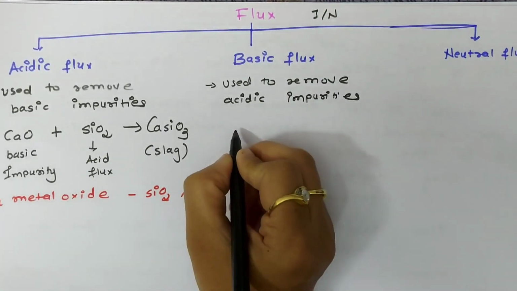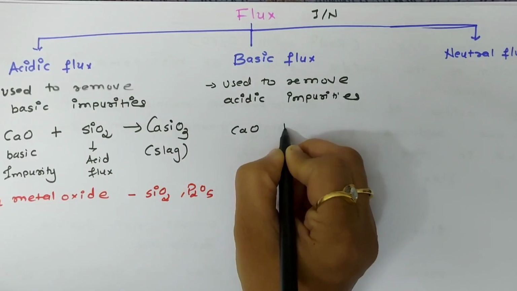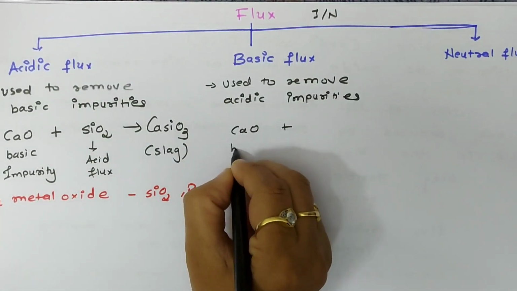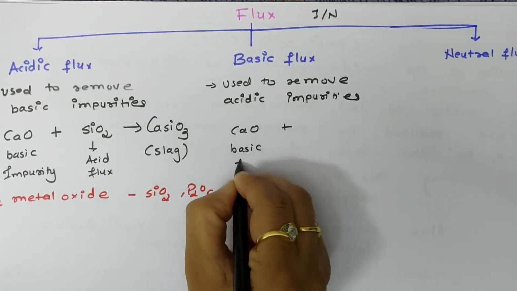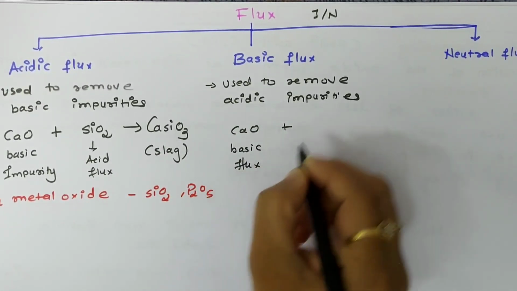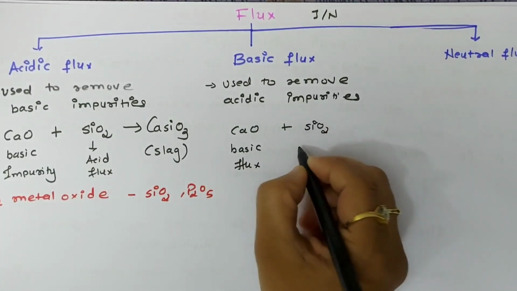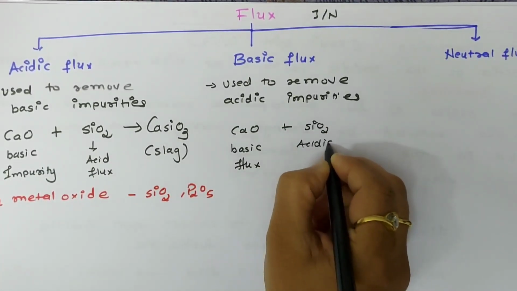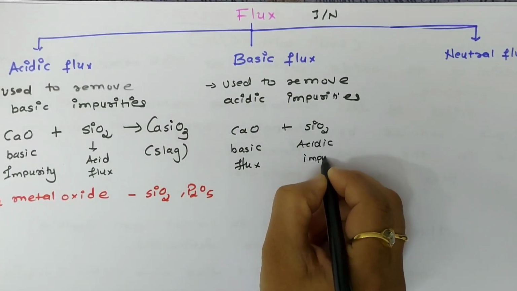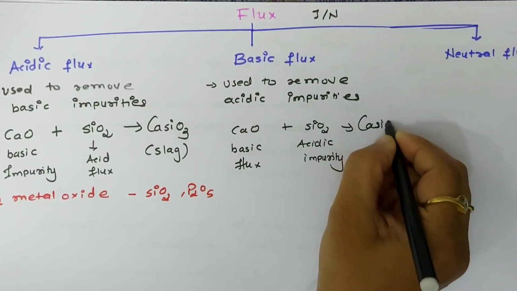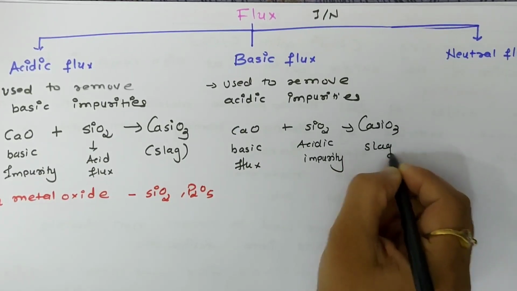Same example we can take, but here calcium oxide will act as a basic flux and SiO2 is here the acidic impurity, and there is formation of calcium silicate as a slag.